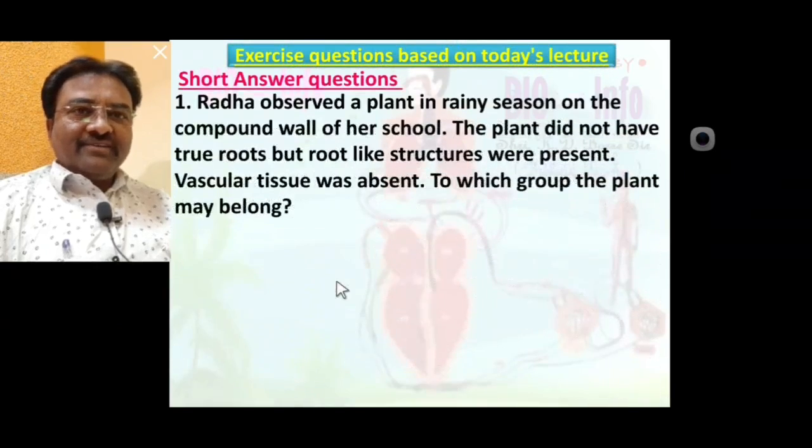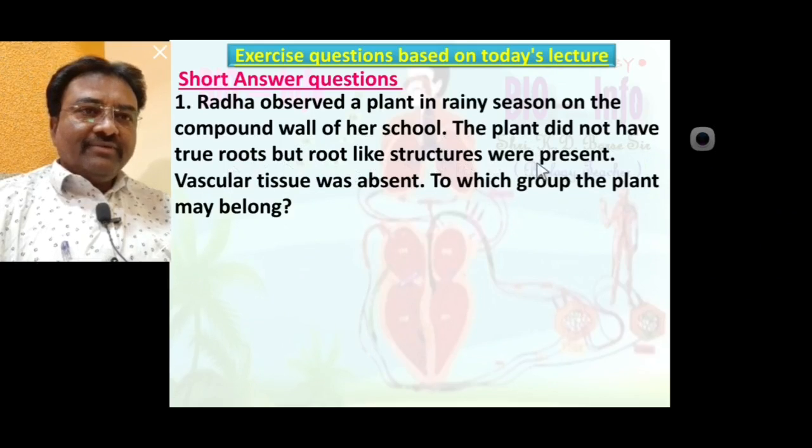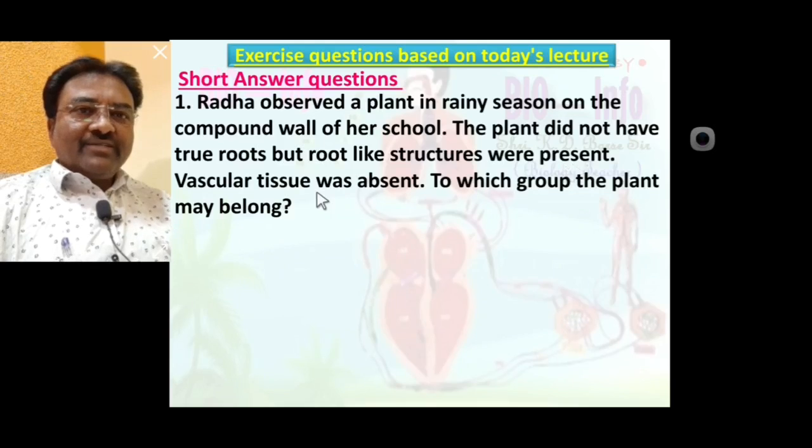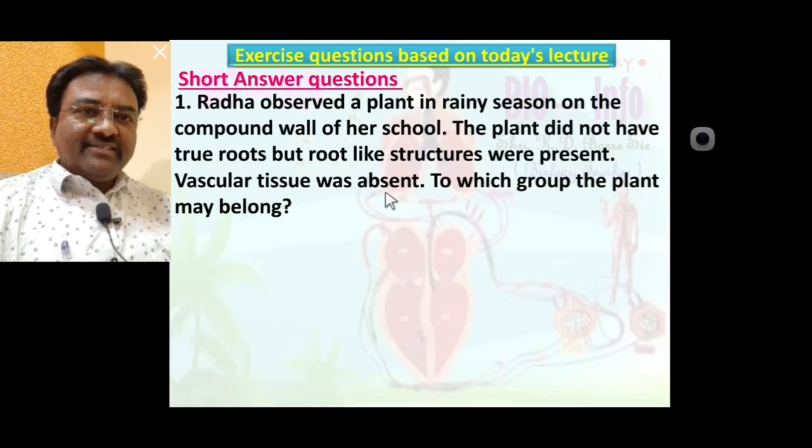Short answer question. Radha observed a plant in rainy season on the compound wall of her school. The plant did not have true roots, but root-like structures were present. Vascular tissue was absent. To which group may the plant belong?